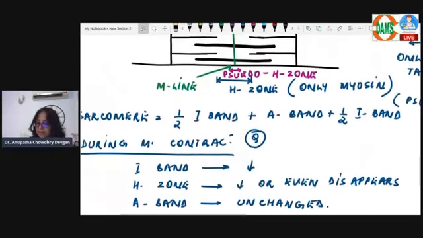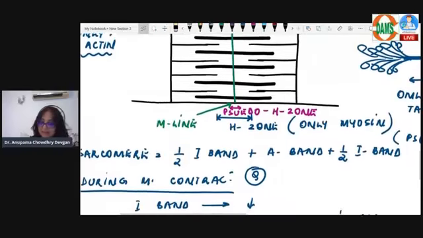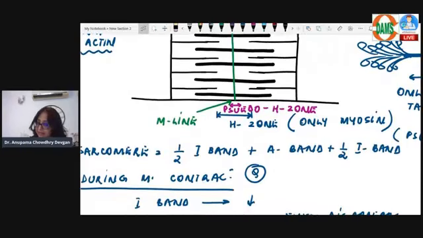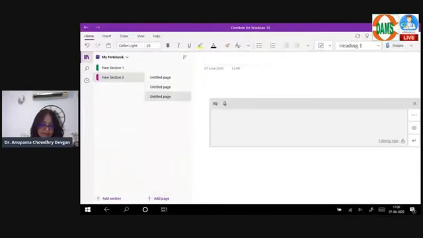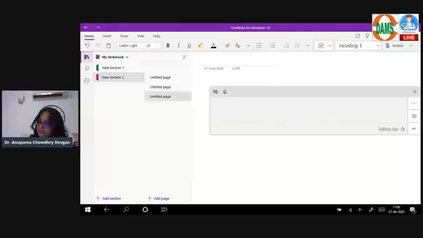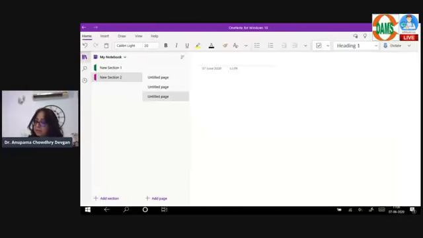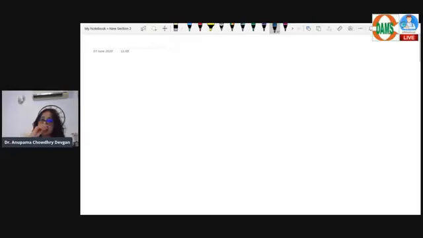Okay, so this is as far as your different bands are concerned, right? Now, the next important thing is to have a look at what you understand by the neuromuscular junction.